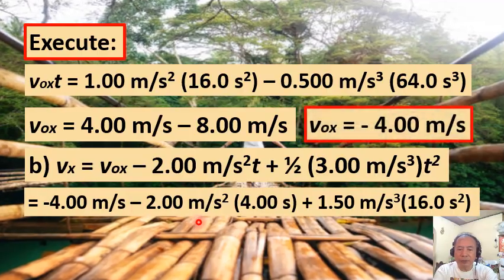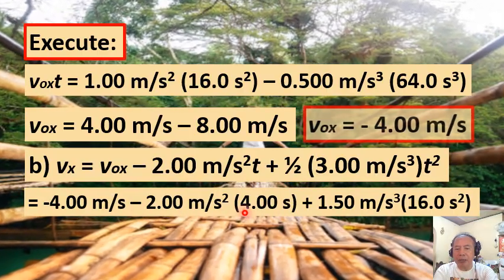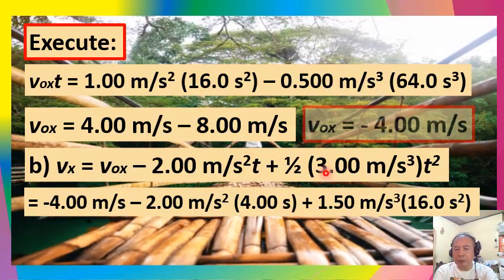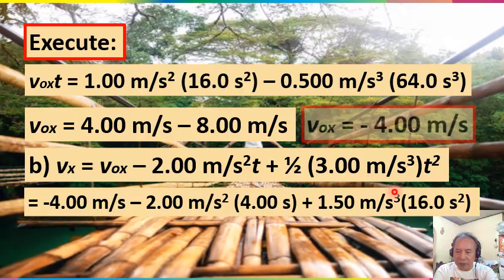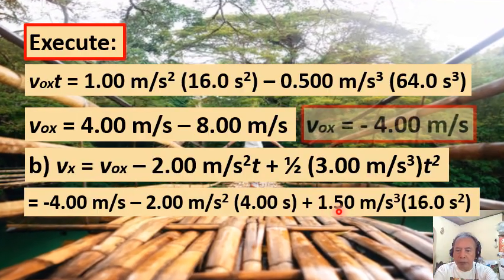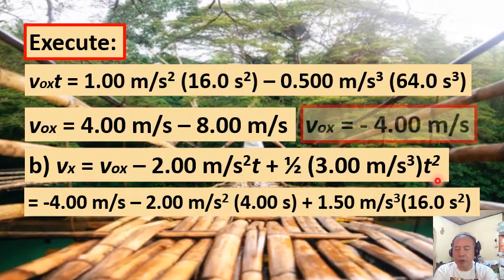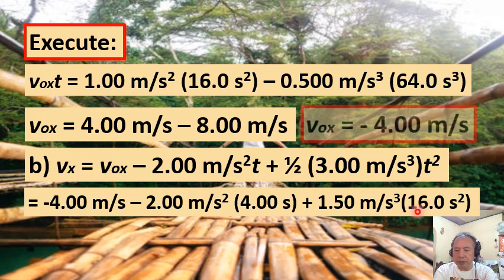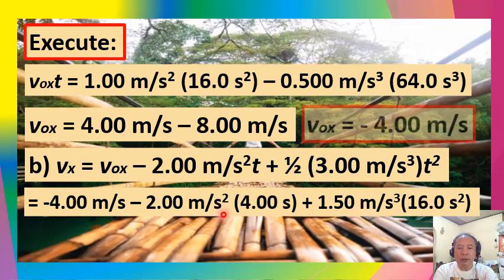And then minus the product of 2.00 m/s² and the time t, 4.00 seconds, plus 1/2 of 3.00 m/s³, which is 1.50 m/s³, multiplied by the square of the time, 4.00 seconds squared, which is 16.0 s².